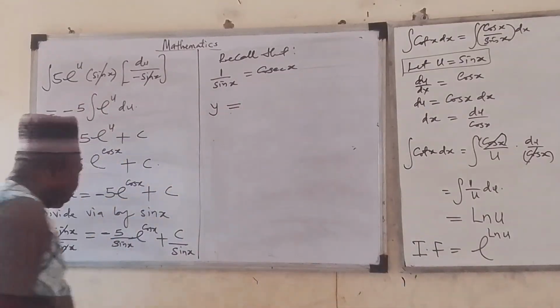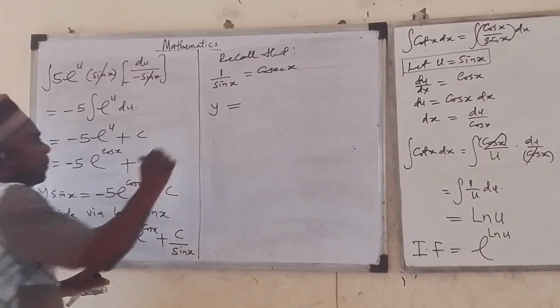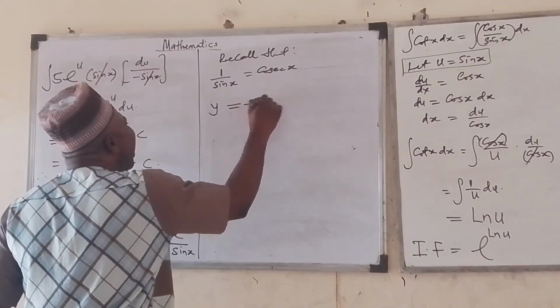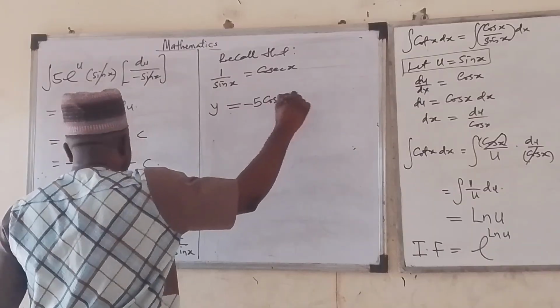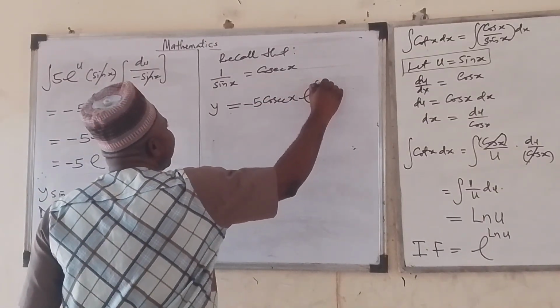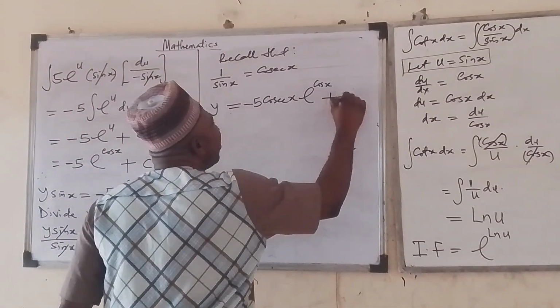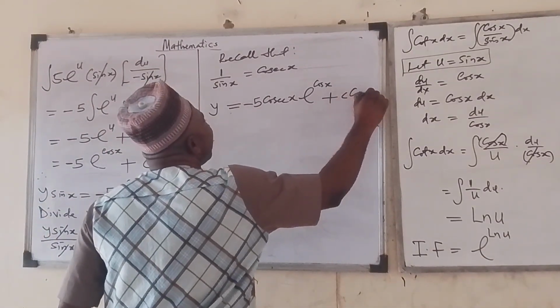Y will be equal to, now, 1 all over sine x is cosec x, so this will be minus 5 cosec x, then e raised to the power of cos x, plus c cosec x.